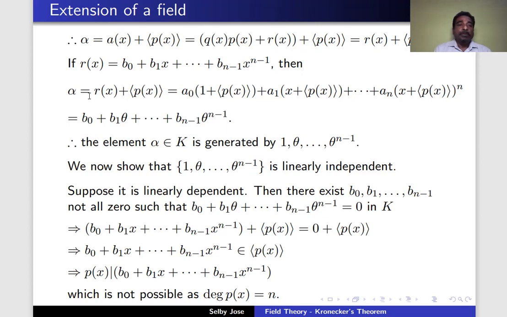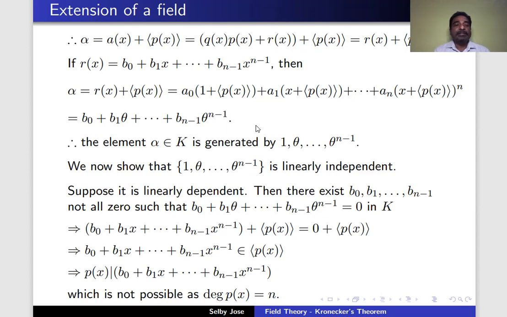Then by the above expression, α = r(x) + ⟨p(x)⟩, which is equal to b0(1 + ⟨p(x)⟩) + b1(x + ⟨p(x)⟩) and so on + b_(n-1)(x + ⟨p(x)⟩)^(n-1), which we can write as b0 + b1θ + and so on + b_(n-1)θ^(n-1).